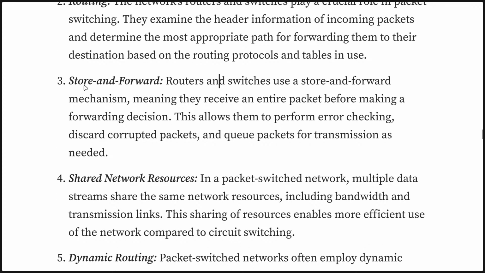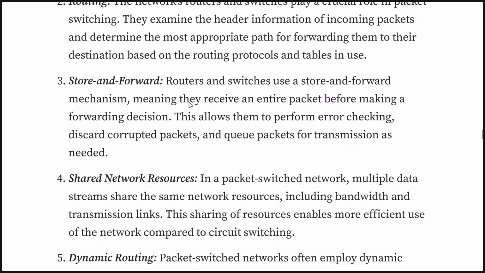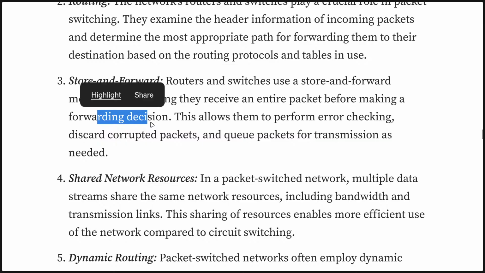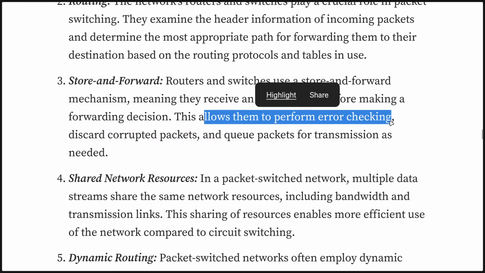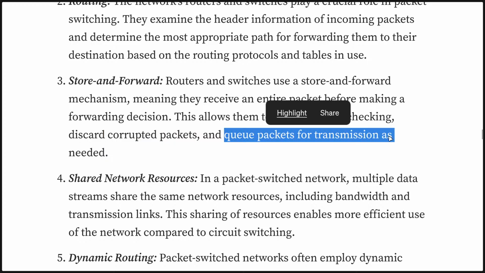And again in your network there needs to be a store and forward mechanism. Meaning as soon as a node receives an entire packet, before making a forwarding decision, it needs to store the entire packet. This allows them to perform error checking, discard corrupted packets, and queue packets for transmission as needed.